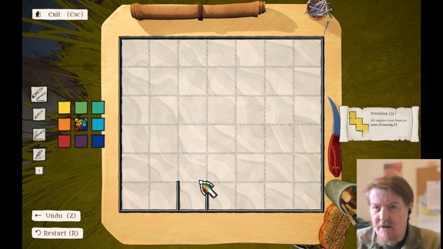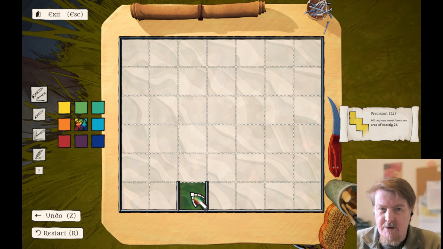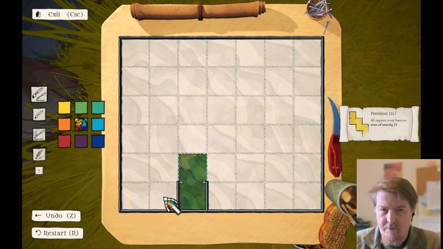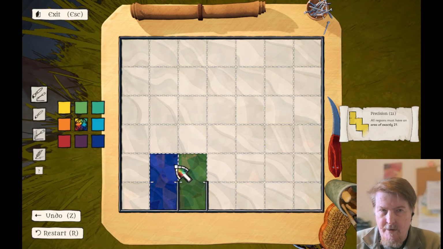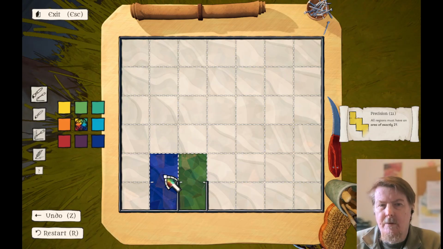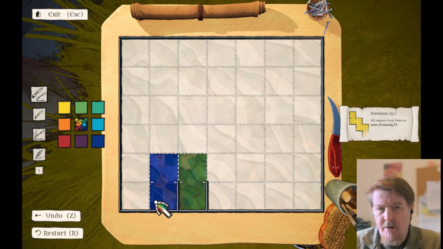So we have exactly 2 regions. And this has to join onto here.